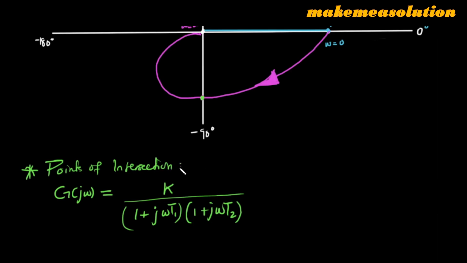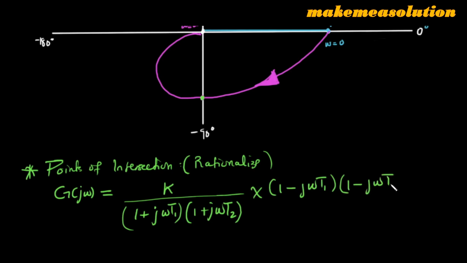That's what we want to determine. To separate this into real and imaginary parts, you need to rationalize. So in rationalizing, you multiply by the conjugates, 1 minus j omega T1 and 1 minus j omega T2, all over 1 minus j omega T1, 1 minus j omega T2.